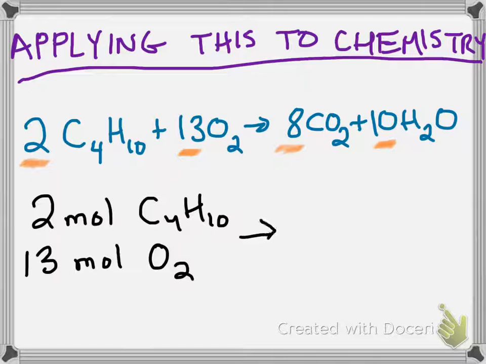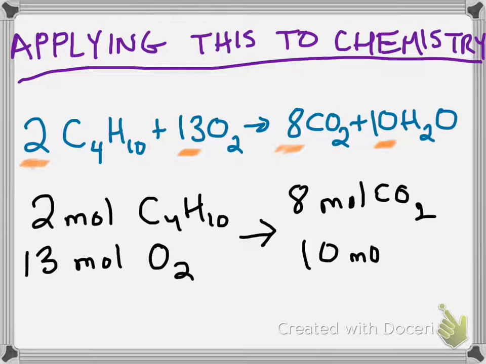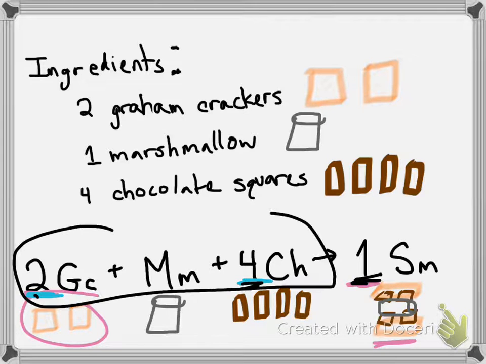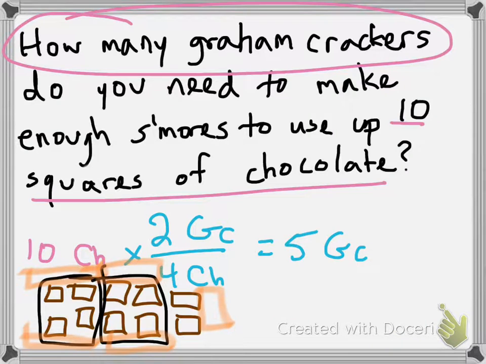And these could form 8 moles of carbon dioxide and 10 moles of H2O. So this is just like saying we need 2 graham crackers and 1 marshmallow and 4 pieces of chocolate in order to form 1 s'more. So once we react all of our ingredients, we no longer have our ingredients, we only have our product, our final result.